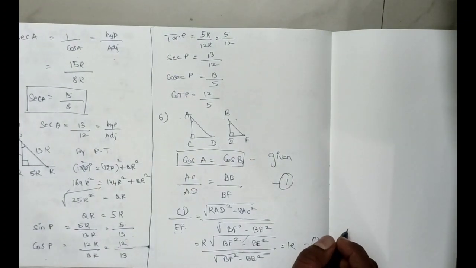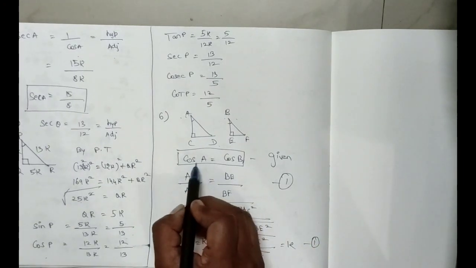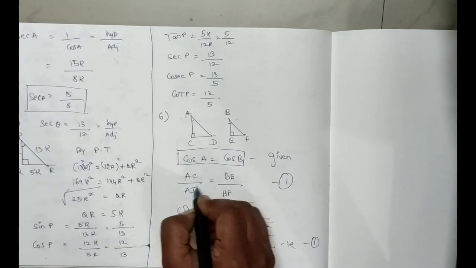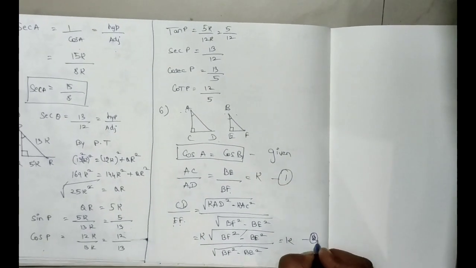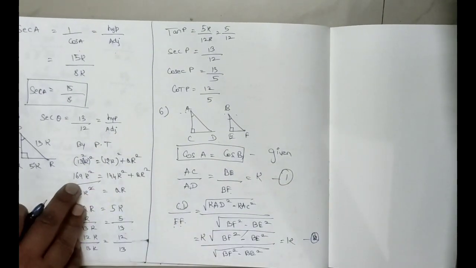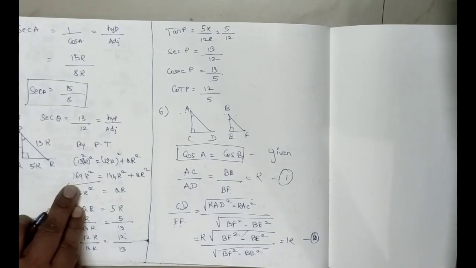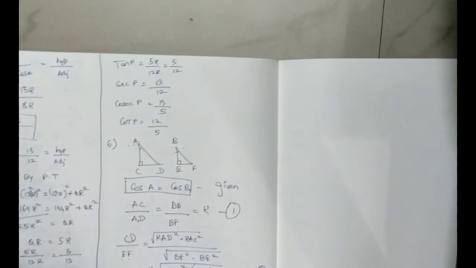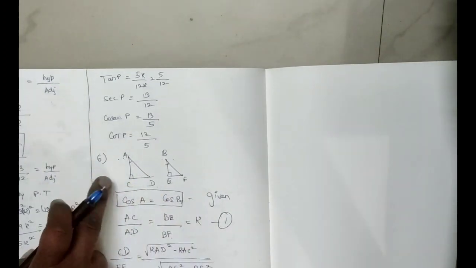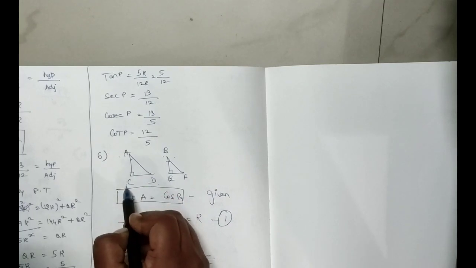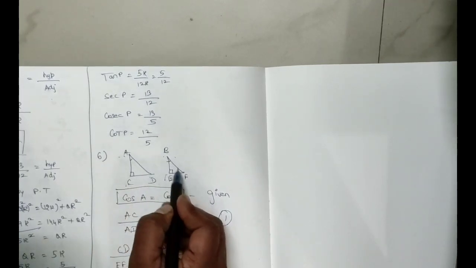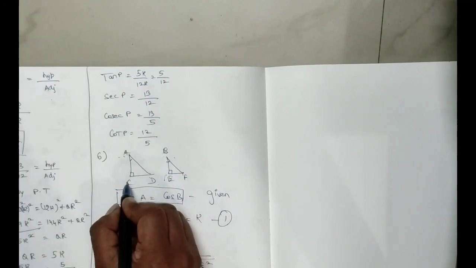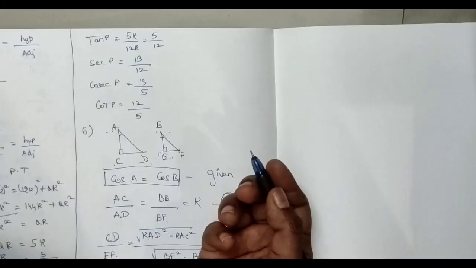And if the angles are going to be equal, the sides are going to be equal, let's assume this is also k. This is first and this is second. So from 1 and 2 we can say that this angle by this angle, that is adjacent by adjacent, hypotenuse by hypotenuse, opposite by opposite, all are related together.